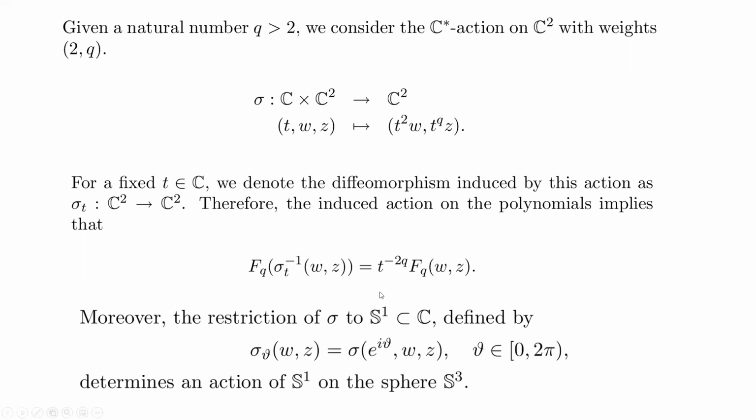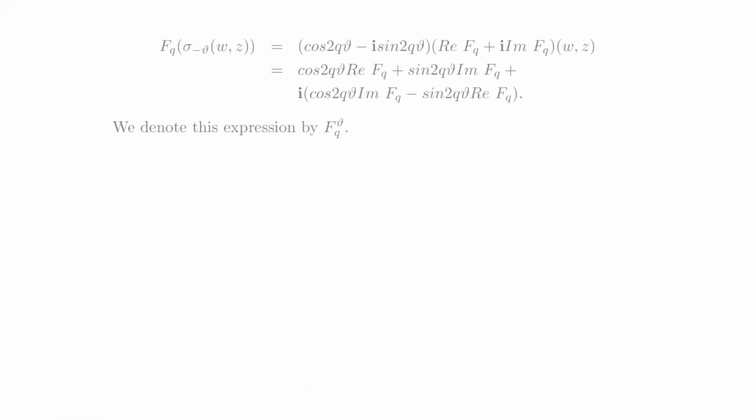Even more, you can obtain a restriction of the action to S1. Instead of the whole complex numbers, you consider just S1, and this action induces an action of S1 on the sphere, on S3. So we write our function now. Observe that we have our function with values in C under this action.